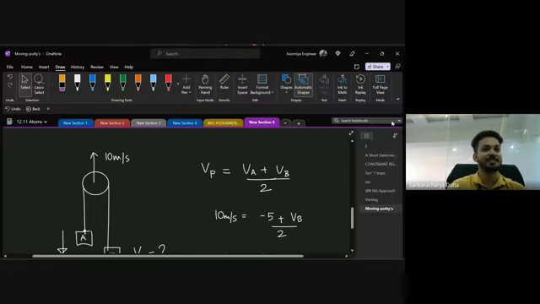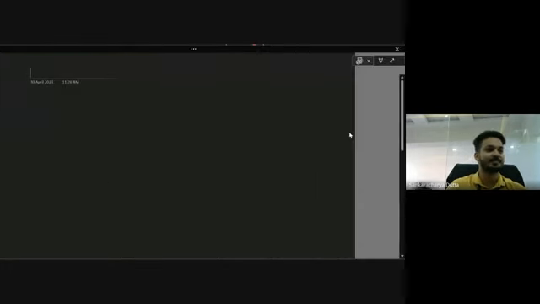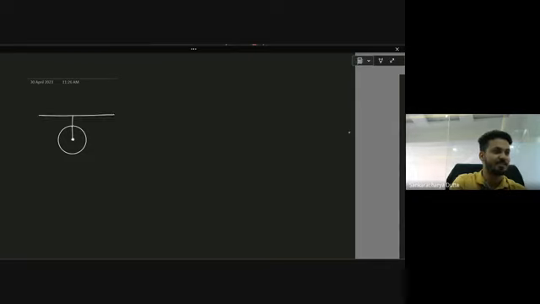Let's do one more question on this. If I give you something like this, it will challenge your intuition. Up to now I'm just talking about the formula, but in this question I want to see whether you are able to understand the motion or not. Why am I making it fixed? This is not fixed. This is going up by 10 meters per second.